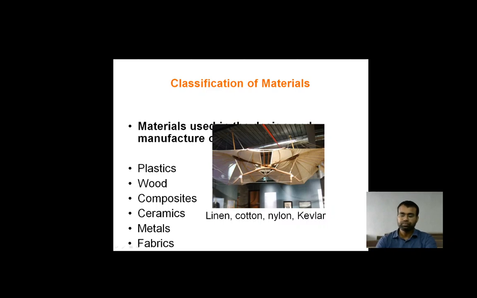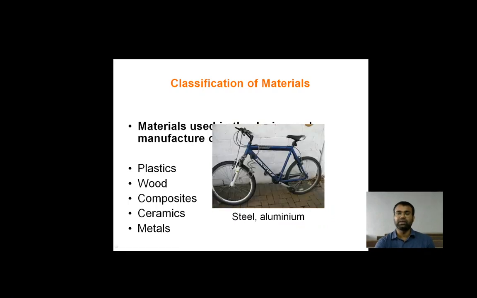So as you can see, plastic, wood, composites, ceramics, metals and fabrics are the various kinds of materials. These are very well-known materials and are used for various purposes. As you saw in the figure, steel and aluminum are metals. Obviously this is not the only thing made by these metals, but lots of things are made by them.